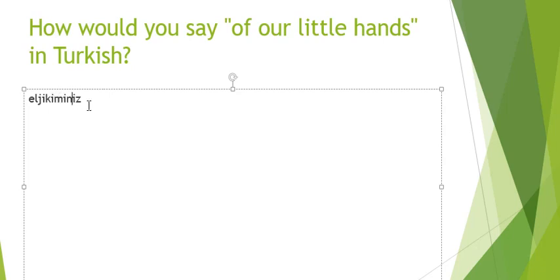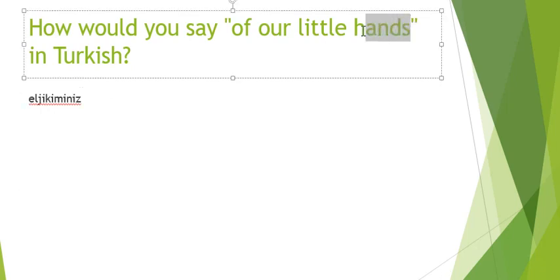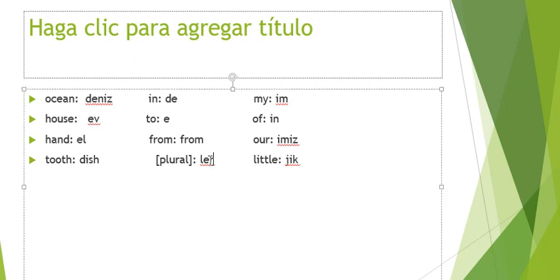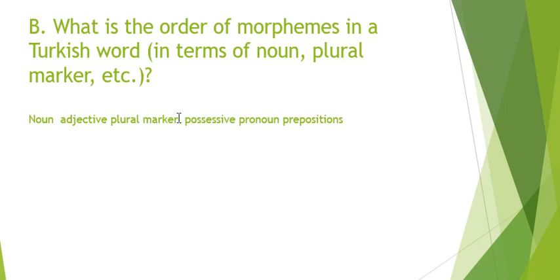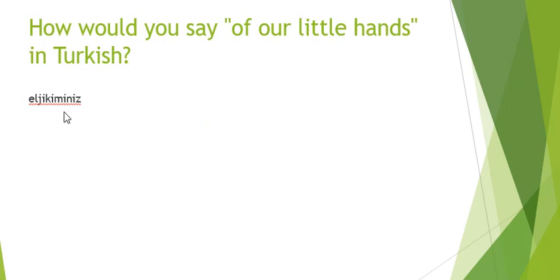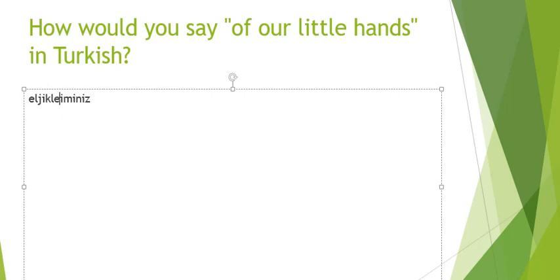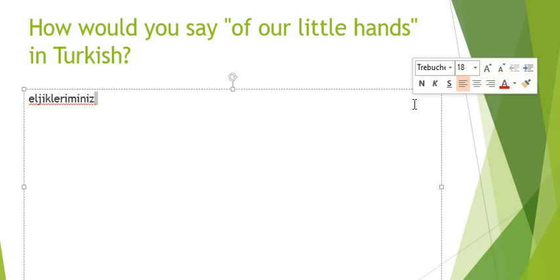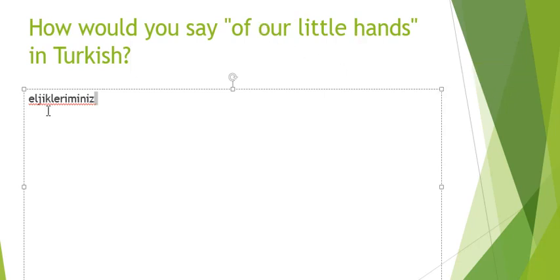But there's still another thing that you need to pay attention to. Hands is in plural. And how do you mark plurality in Turkish? Using the morpheme ler, after what? The plural marker is after the adjective. So that means that after cik, you are going to write ler.